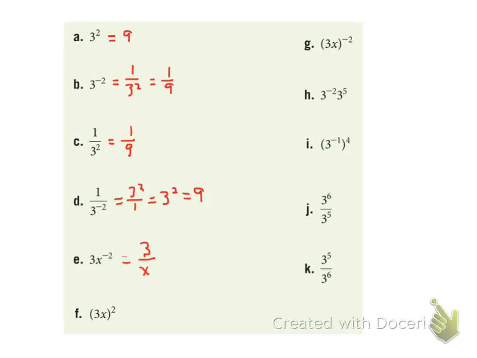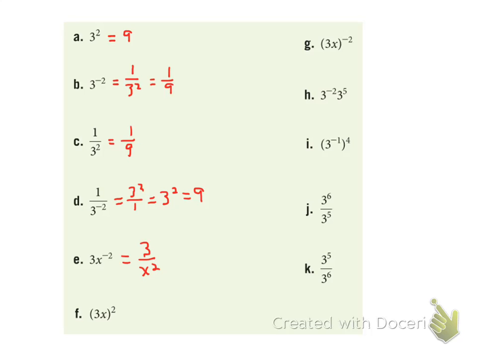It's just the x squared that needs to move to the bottom. The 3 already had a positive exponent of 1. Questions on E? How do you know when you can break them up like that? It's multiplication, so it's okay to do that. You can flip one and not the other. If it was addition, then you couldn't do that.